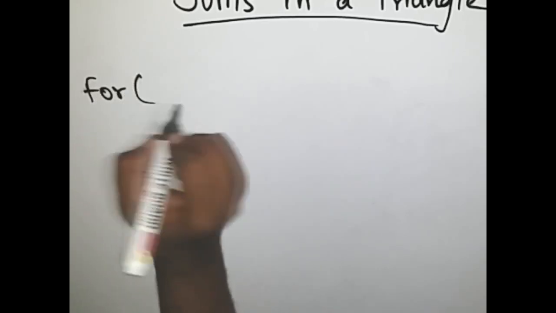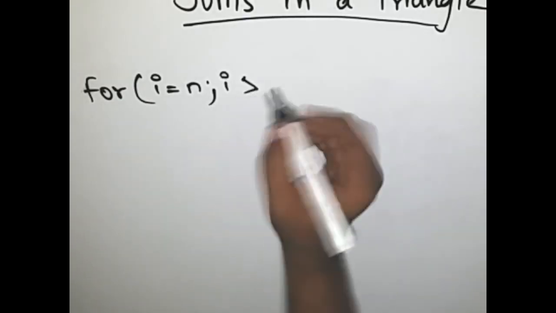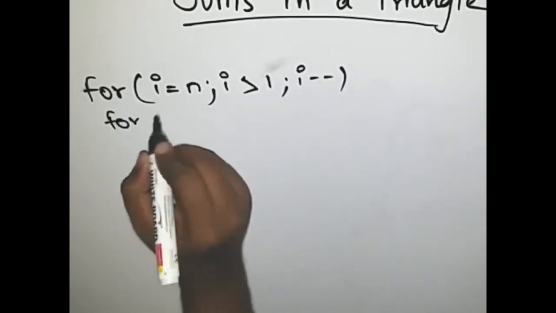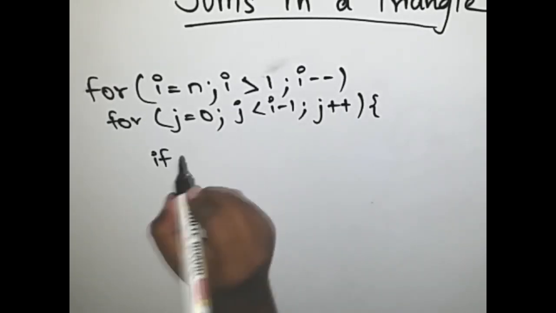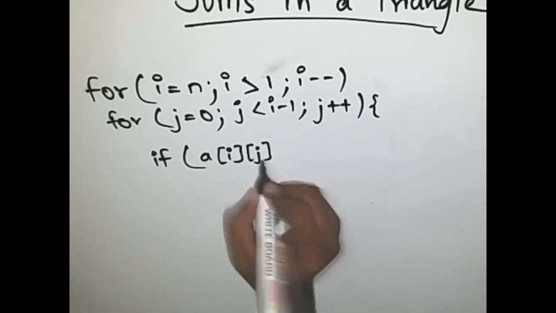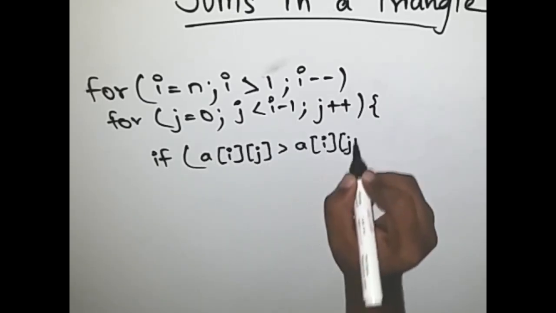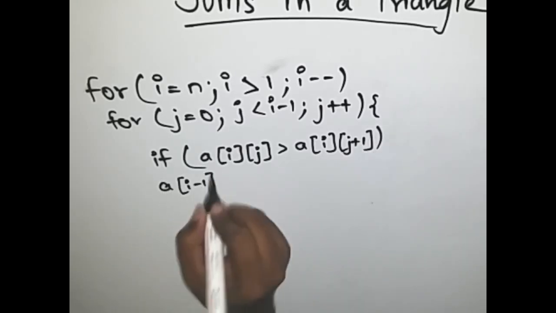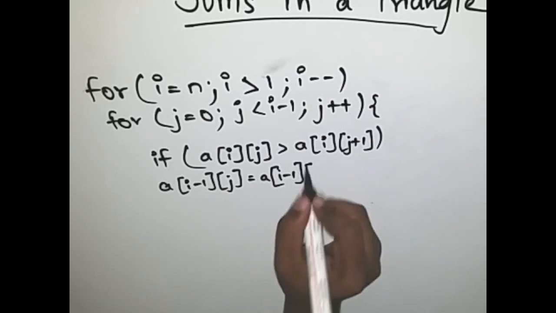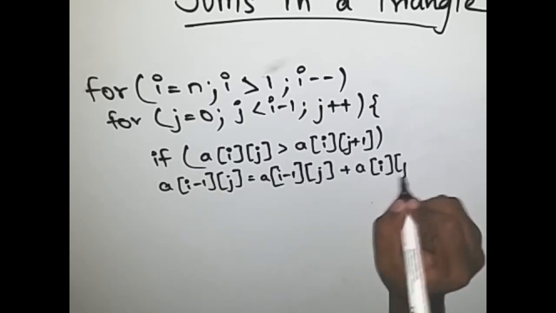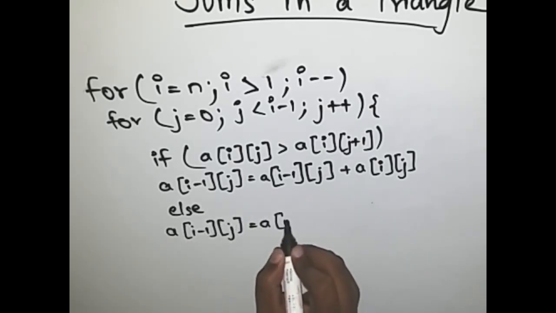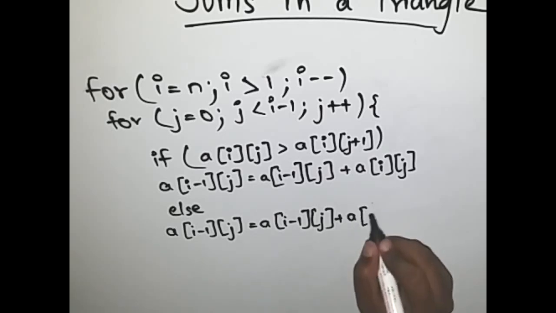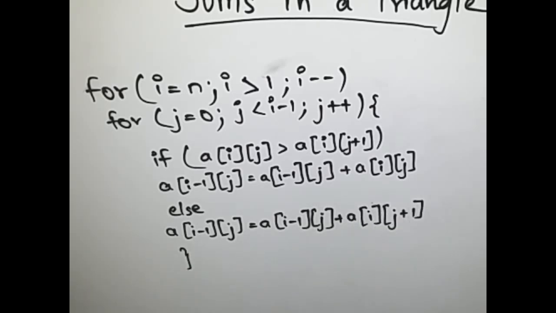We take two for loops. Okay, so this is the algorithm for the sum.